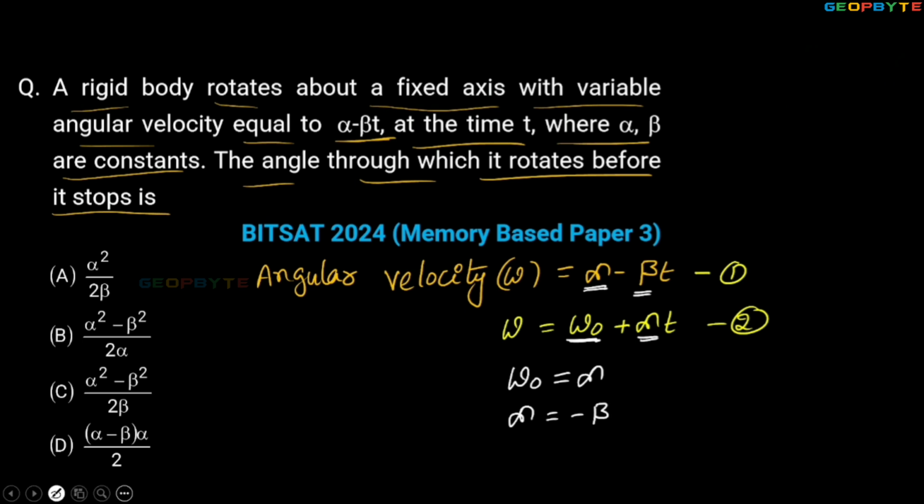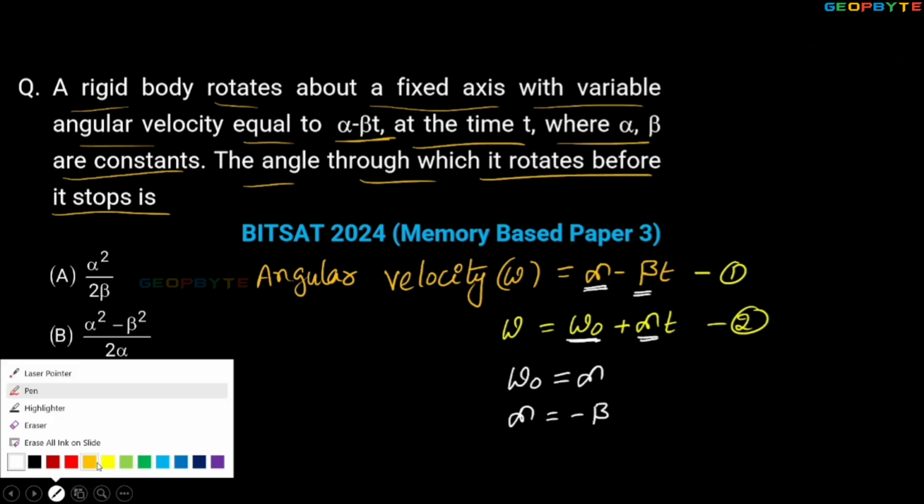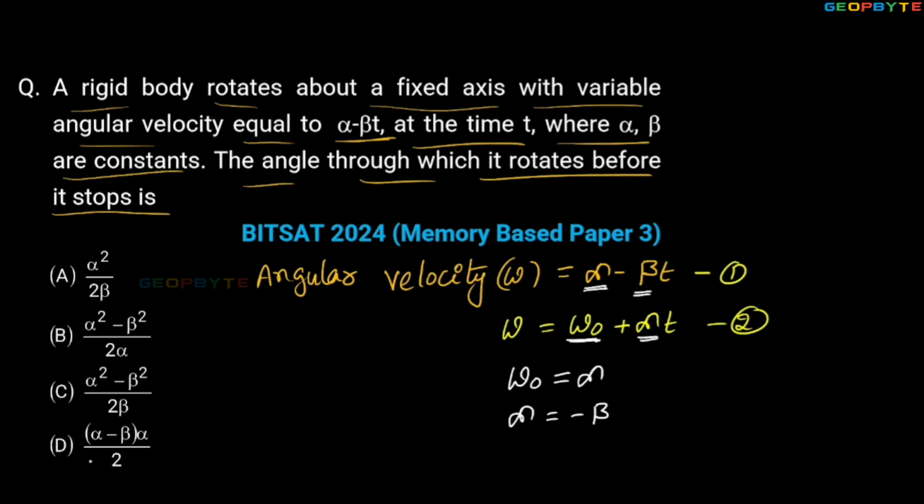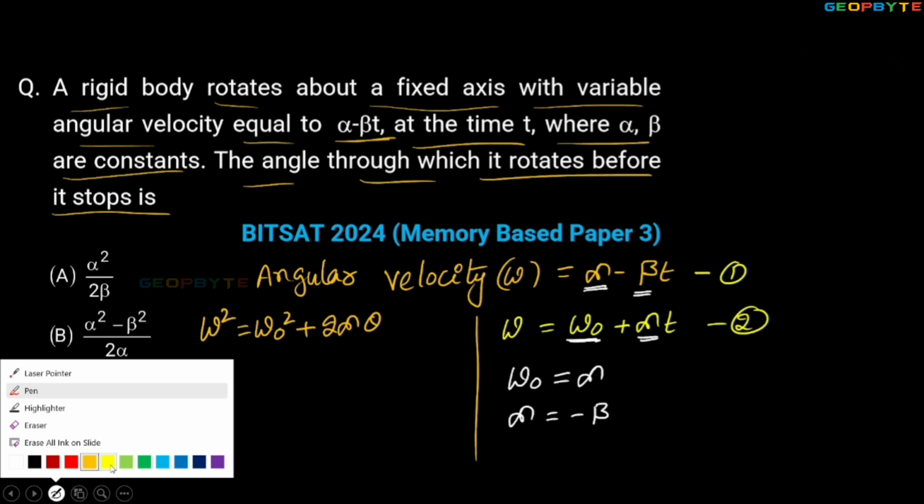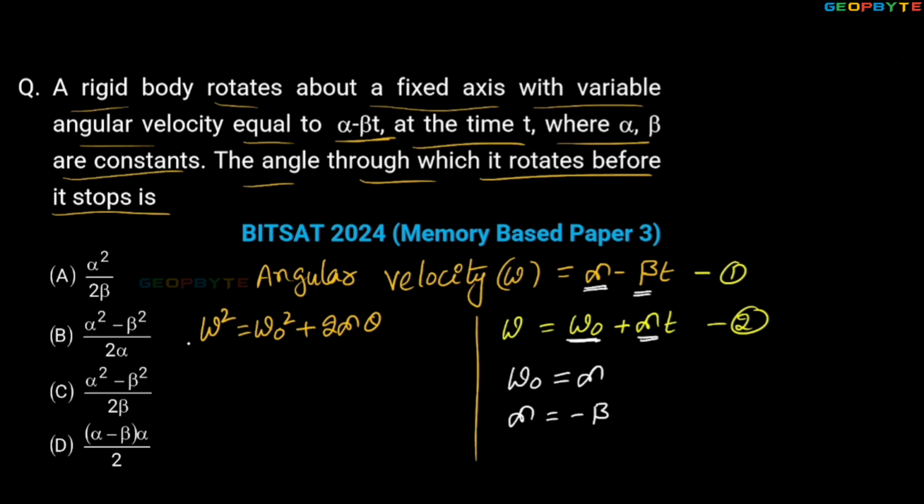Another equation of motion for angular motion is omega square equals omega naught square plus 2 alpha theta. It is given the angle made by the rigid body before it comes to rest, meaning omega equals 0.